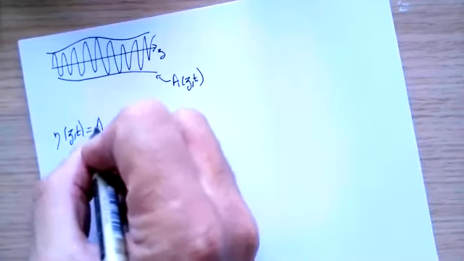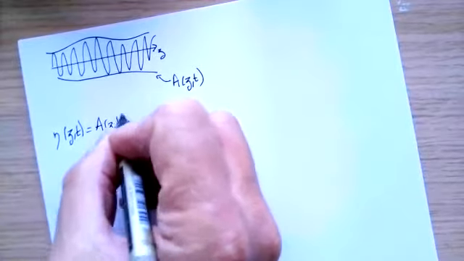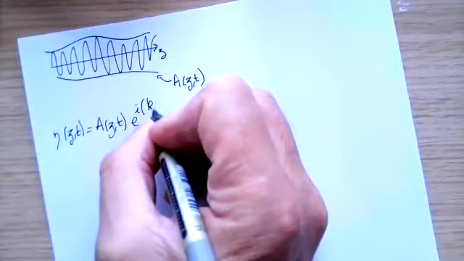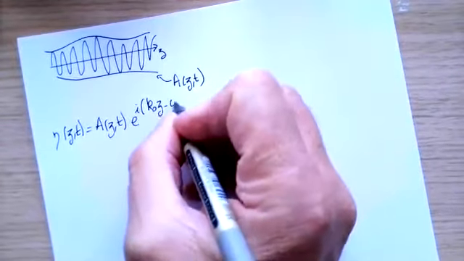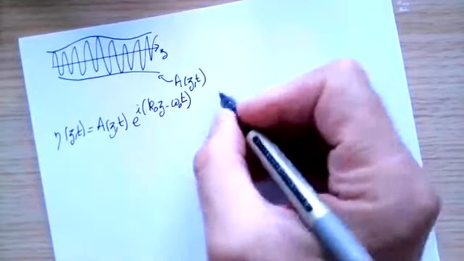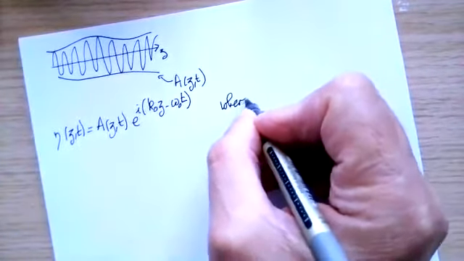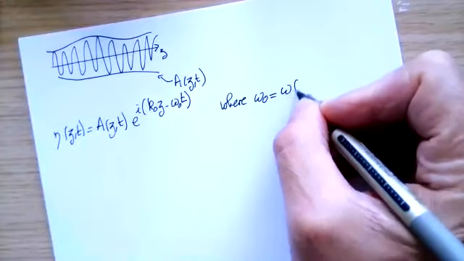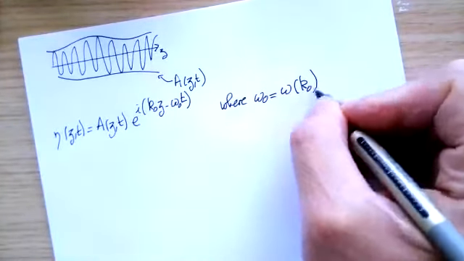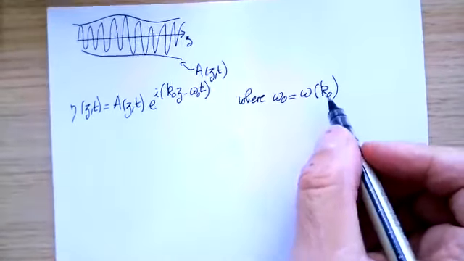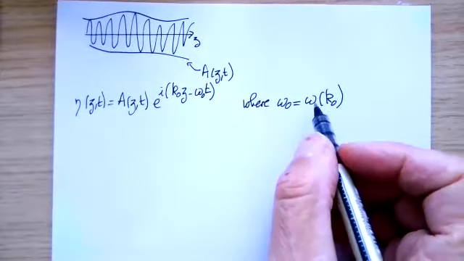It's the amplitude times a carrier wave, which is of the form exponential i k naught z minus omega naught t, where omega naught is expressed in terms of k naught, and the relation between the two is the dispersion relation, okay?